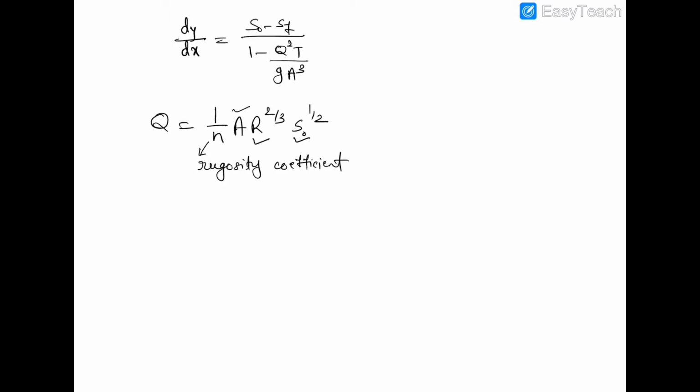In this equation, if Q, N and S naught are constant, then Y naught, that is the normal depth of flow, will be constant. Means this will be a fixed value.